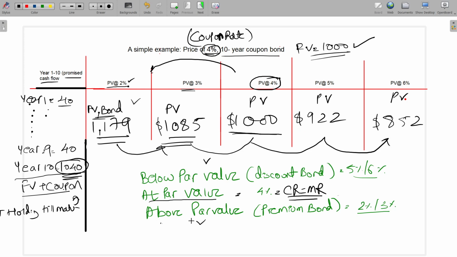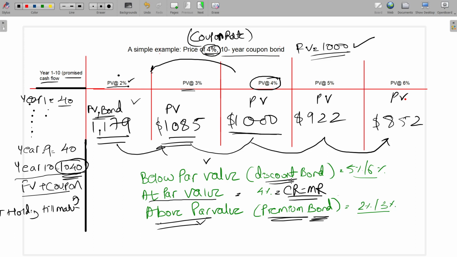What we call something above par value is a premium bond. This one, at 2% and 3%, is a premium bond because what you are going to pay, the present value, is more than the face value.